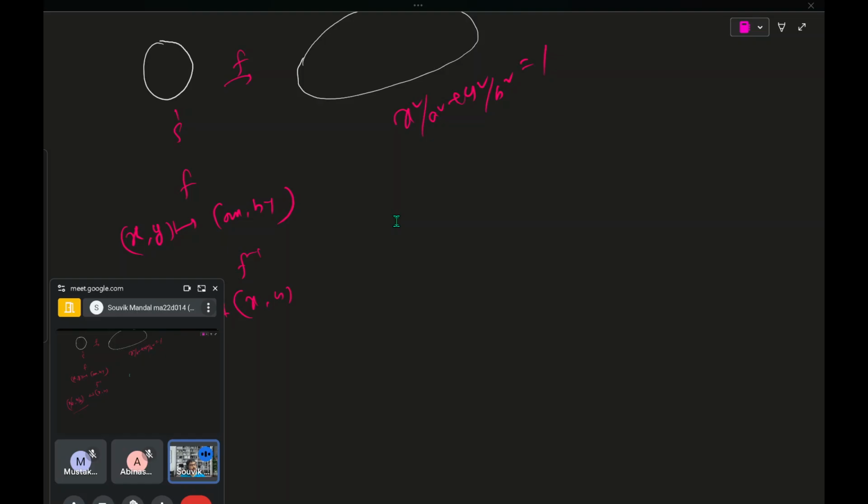Of course, both of these are continuous assignments.